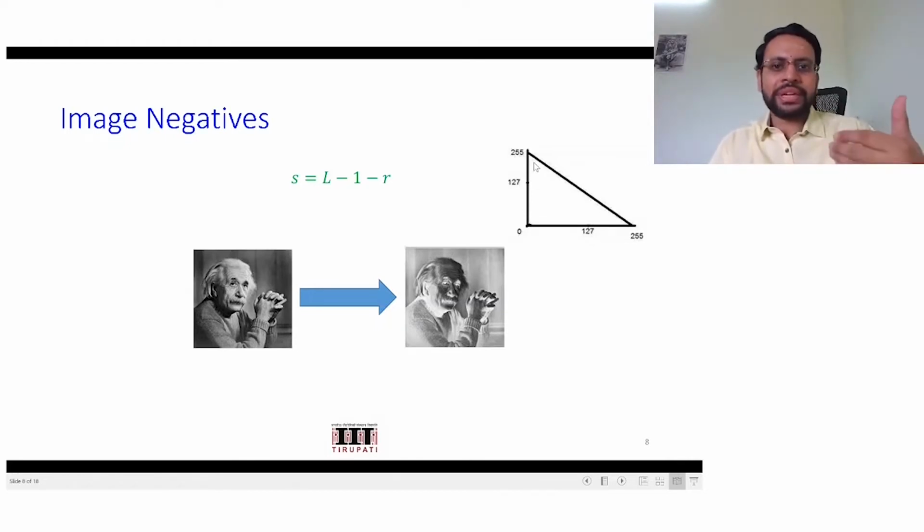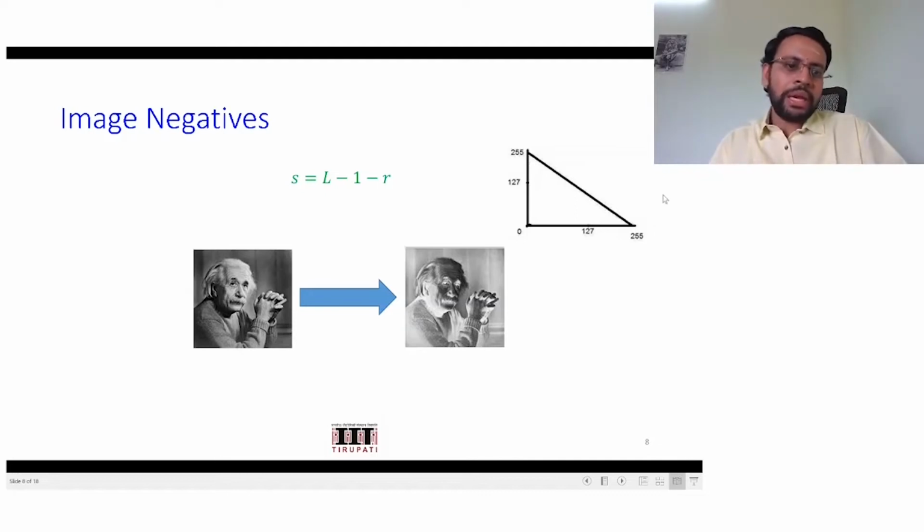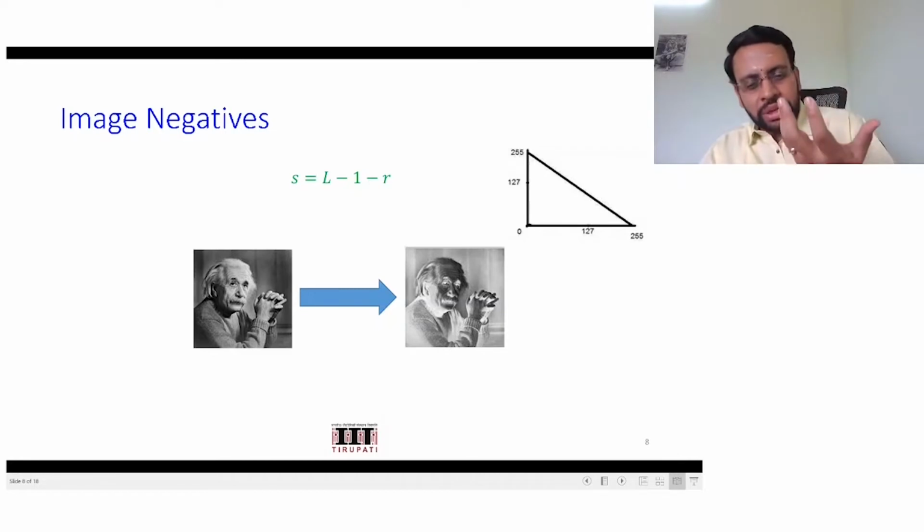If you are considering an 8-bit representation, this would be 255, and the maximum intensity value, which is L-1, is mapped to 0. So this would be the resulting equation: s = L-1 - r. r is your input intensity, s is your output intensity, and L-1 is the maximum intensity that you could have in the given image.